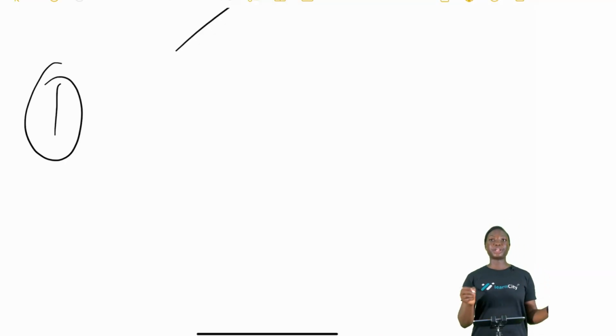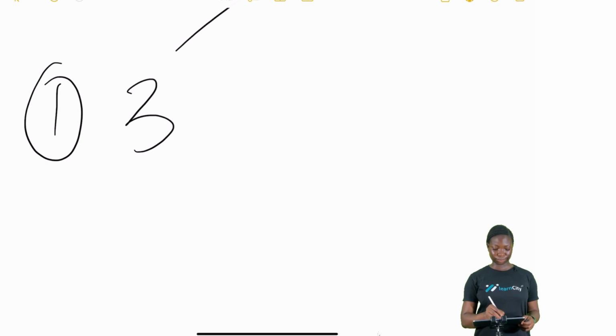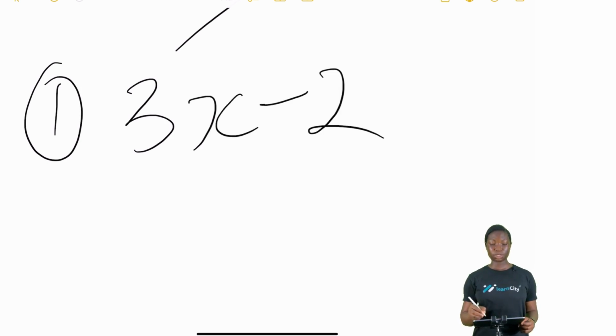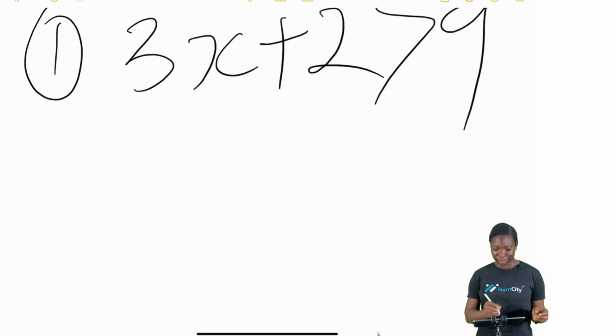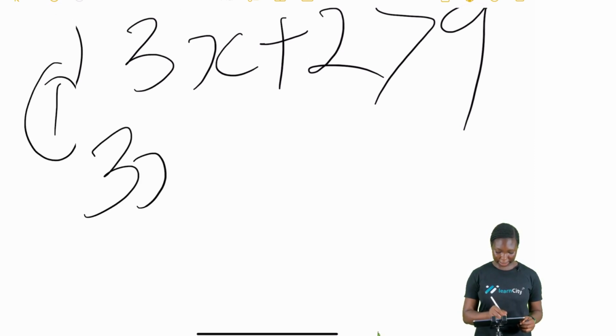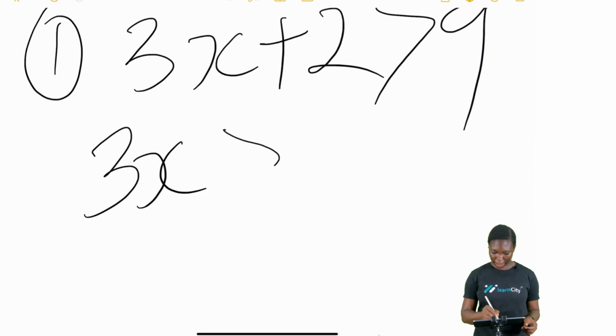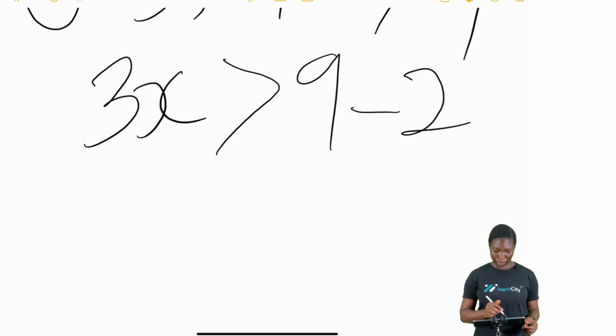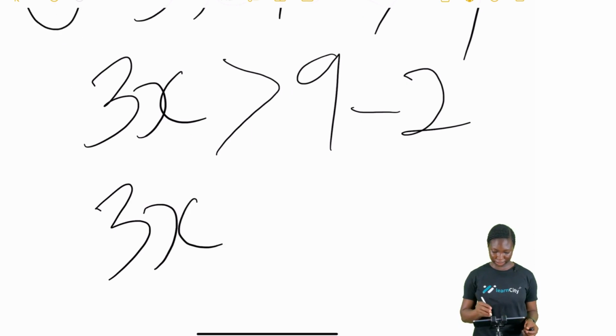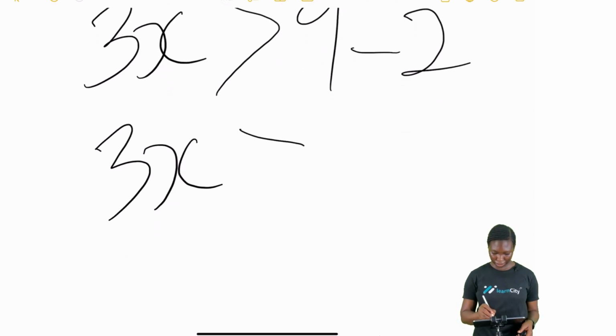So the first one says 3x plus 2 is greater than 9. So we have 3x plus 2, where we have 3x will now be 9 minus 2. We have 3x to be less than 7.